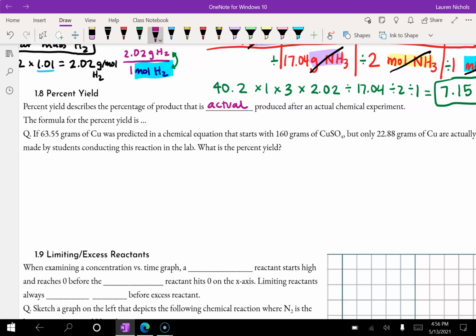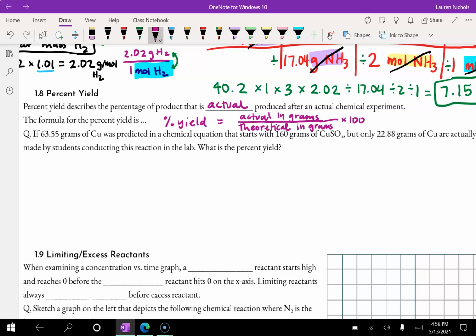Now, the formula for percent yield, I should have left myself a little more room. Okay, so percent yield is equal to your actual amount made in grams. Let's just write in grams. So the actual amount that you produced in grams divided by your theoretical amount in grams times 100.